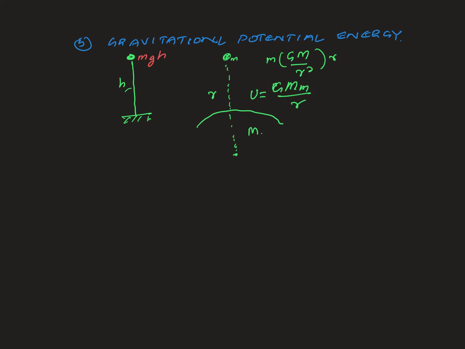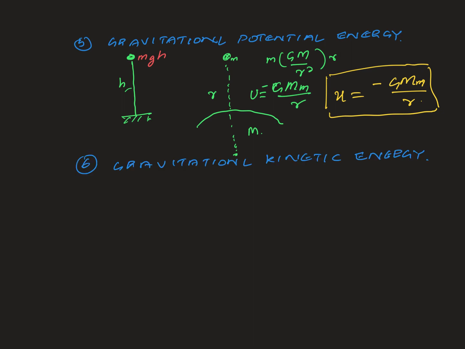So we will put a minus value at the front of this. So U is equal to minus GMm over r. So capital M is the mass of the planet, small m is the mass of the object, and r is the radius.